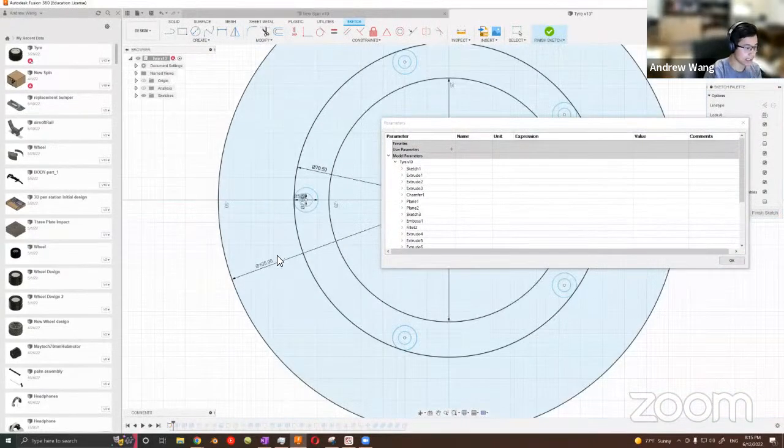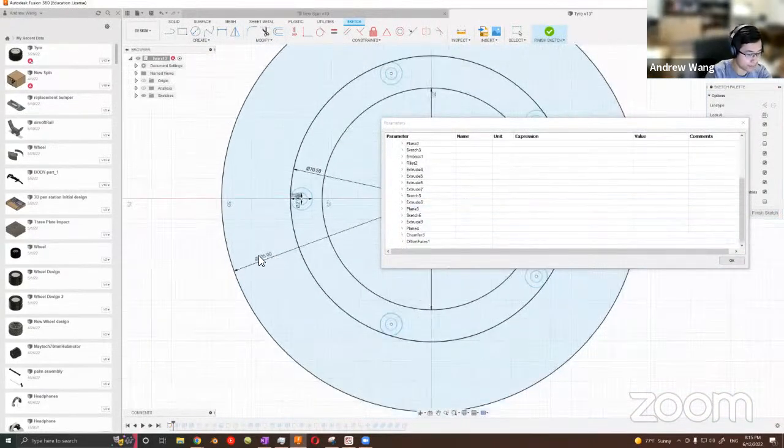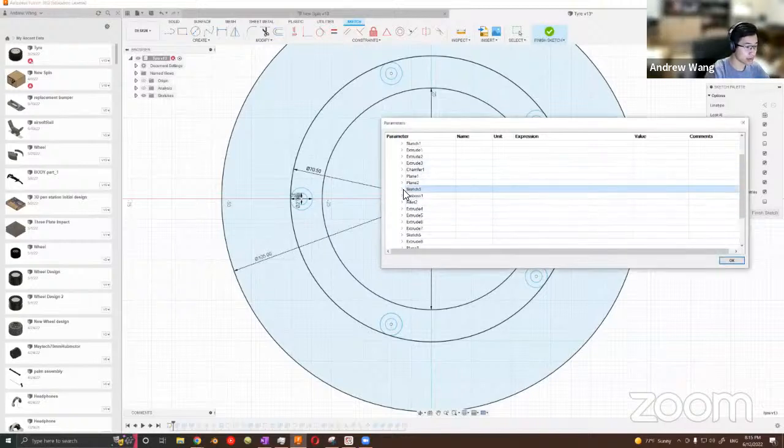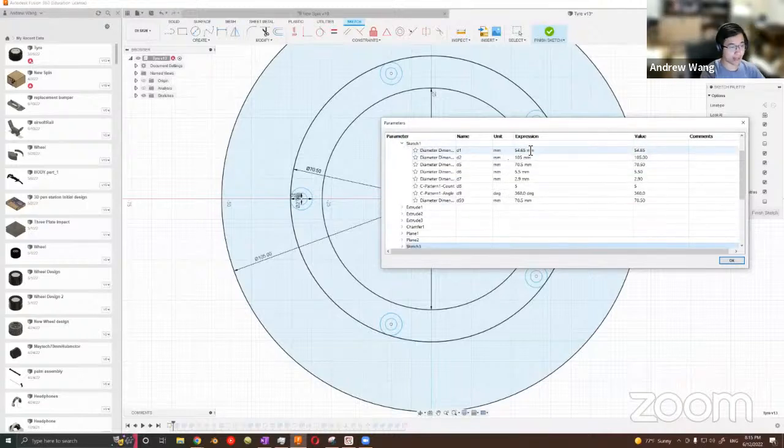The great thing is I can change the part of the sketch over here. So I'm going to go to sketch 1 and you'll see the exact value of this. What we can get is an expression, and an exact value for that expression. And this can interlock with other things.